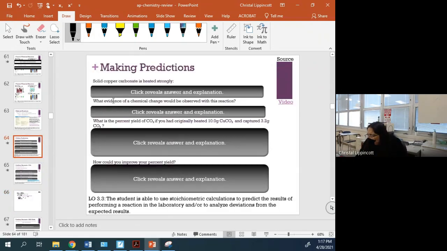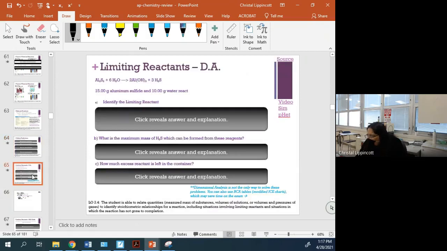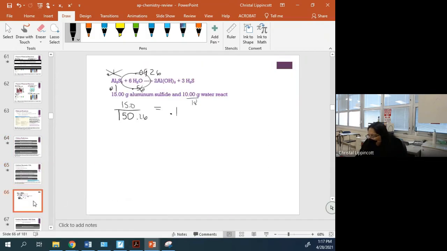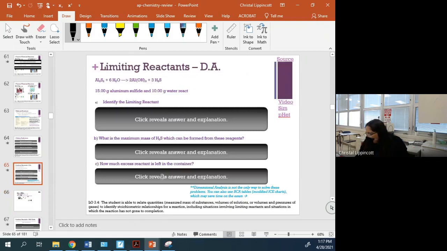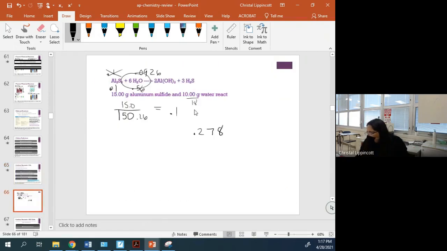Then they asked, what is the maximum mass of H2S that can form? For H2S, we would have this many moles times 3, so 0.0926 times 3, which is 0.278 moles. Did they ask for moles? They asked for mass, so I have to multiply that by 34.1.